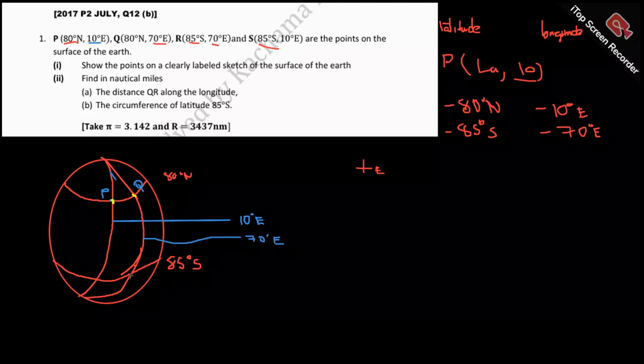But this point, that is R. Then the last one is S. S is 85 degrees south, this latitude. What about the longitude? 10. So S is definitely this point. I'm just using more like the concept of the X or Y plane. This is S. Very simple. You are done. Then you start calculating the equations.